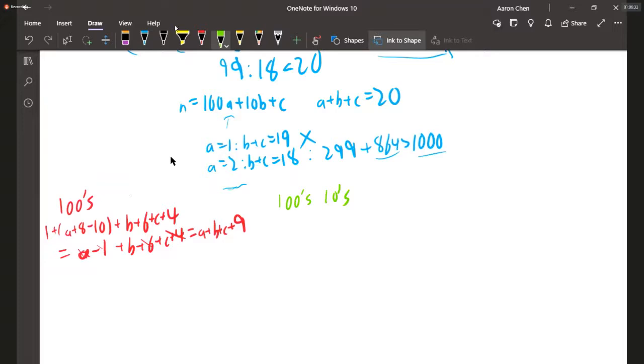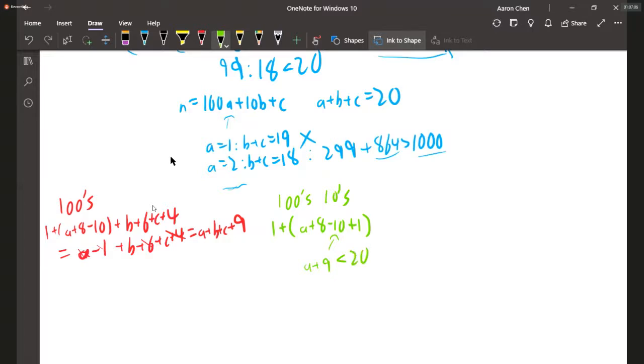So in this case, the thousandth digit is once again 1, and the 100th digit is a plus 8 minus 10, but this time you need to add 1 because the 10th digit has carried and added 1 into the 100 digits. And we also know that we do not need to subtract 20 here because a plus 9 is always less than 20.